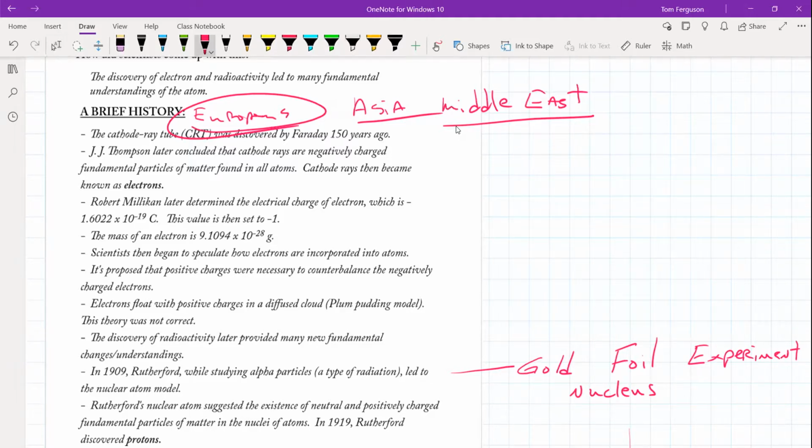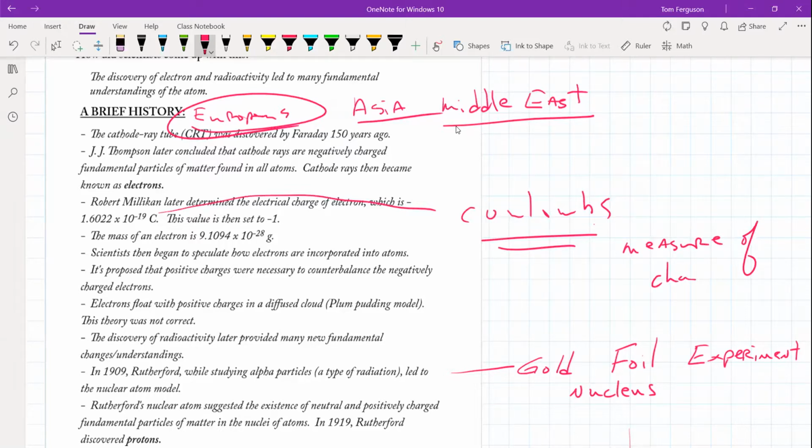C is coulombs, a measure of charge, either positive or negative. And he just set this 1.6 times 10 to the 19 coulombs to a value of -1, just arbitrarily, because all of them tended to be that value.